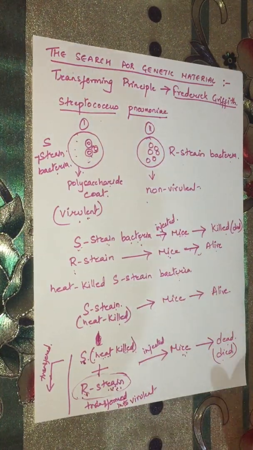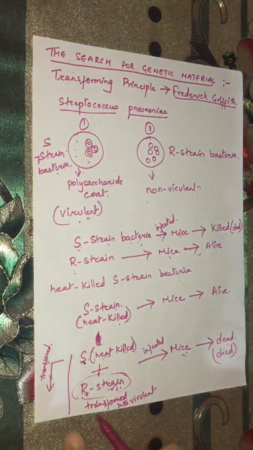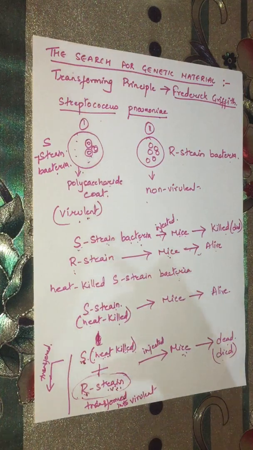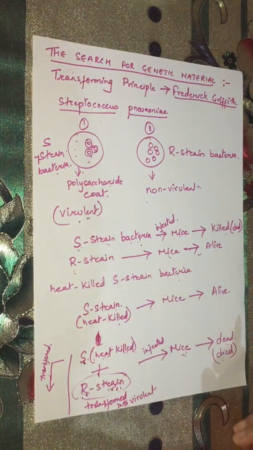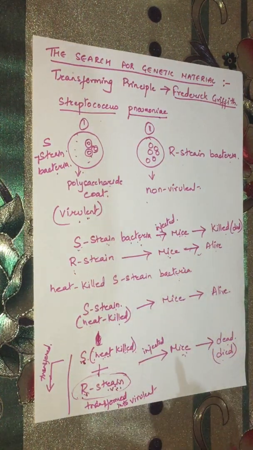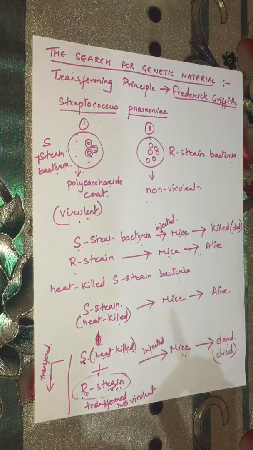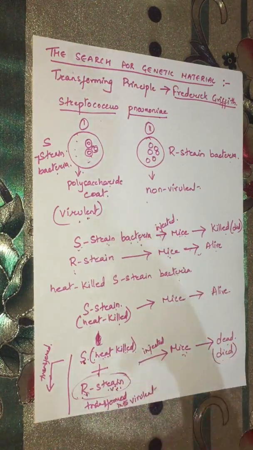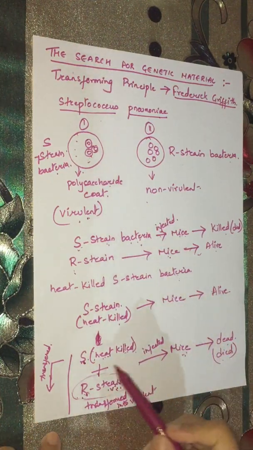So he concluded that. Now see, he concluded that the R strain bacteria had somehow been transformed by the heat killed S strain bacteria. So some transforming principle has been applied here.